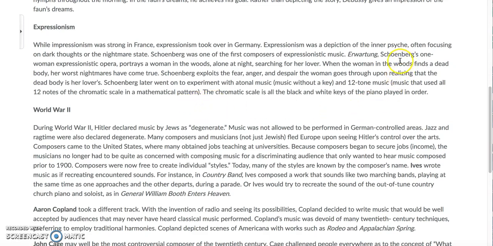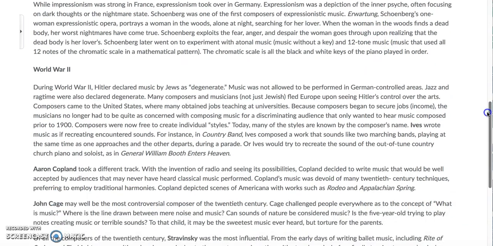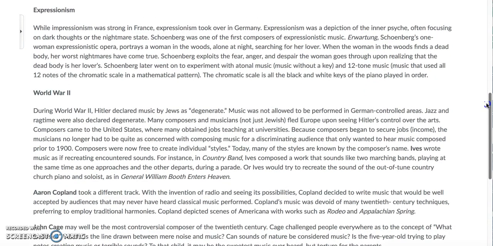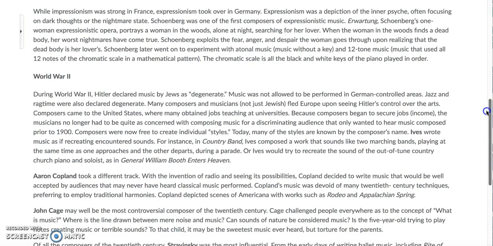Schoenberg is someone whose music you'll have a chance to listen to during this week as well, and listen for the differences between 12-tone music, expressionism, and the music that was taking place up to this point.